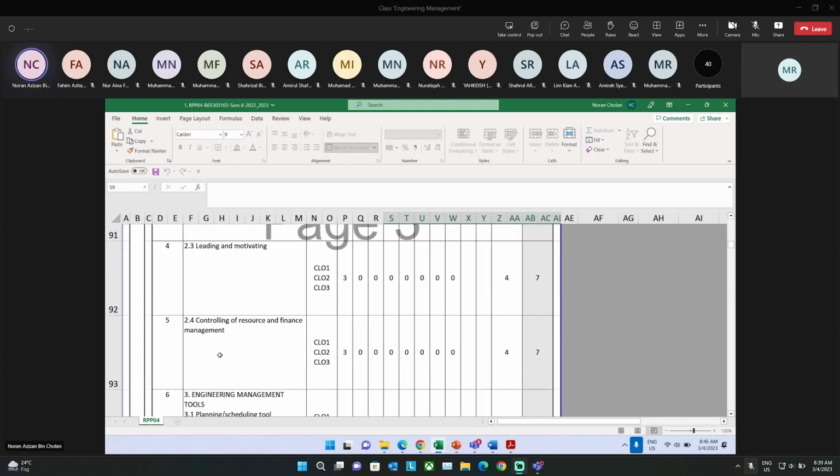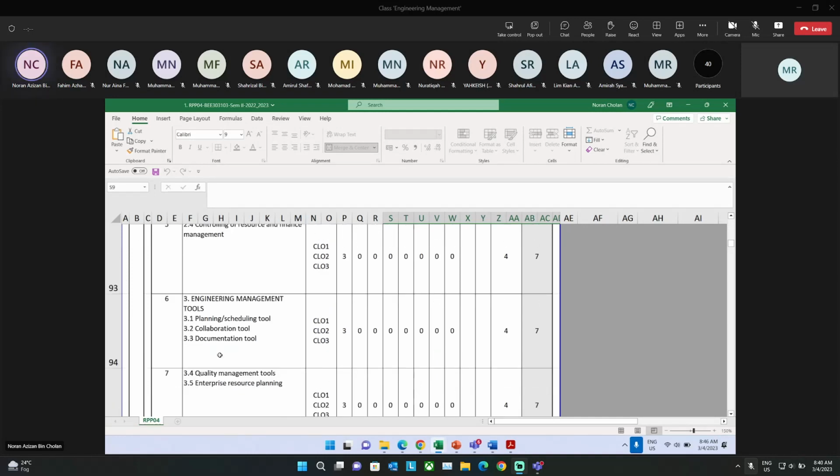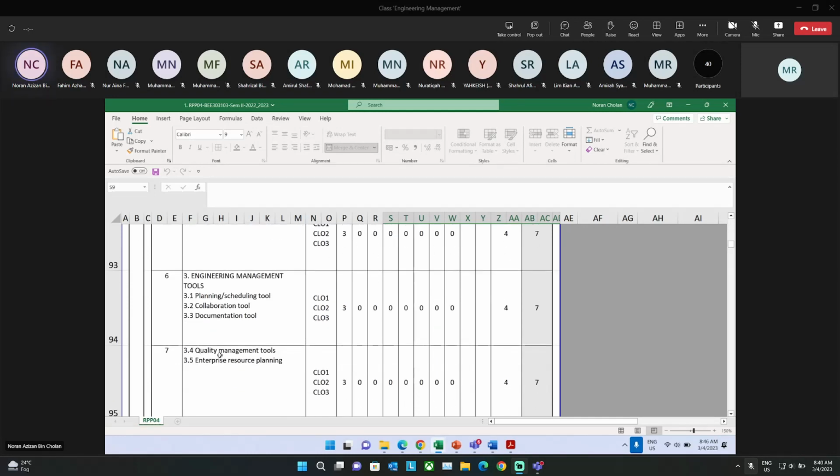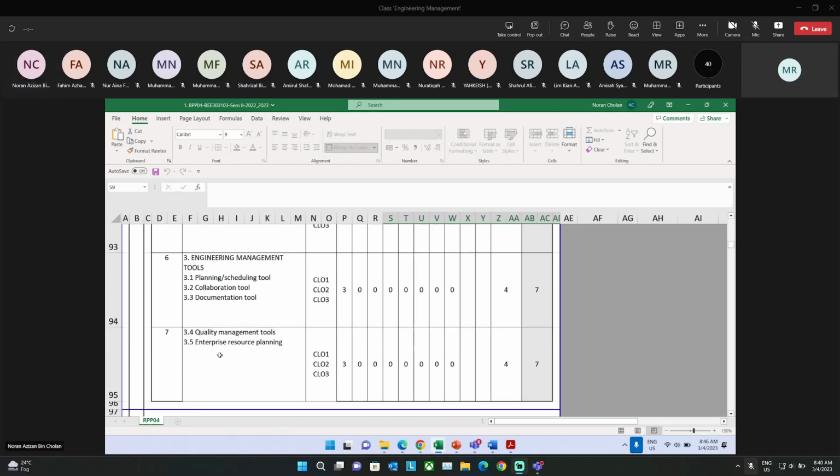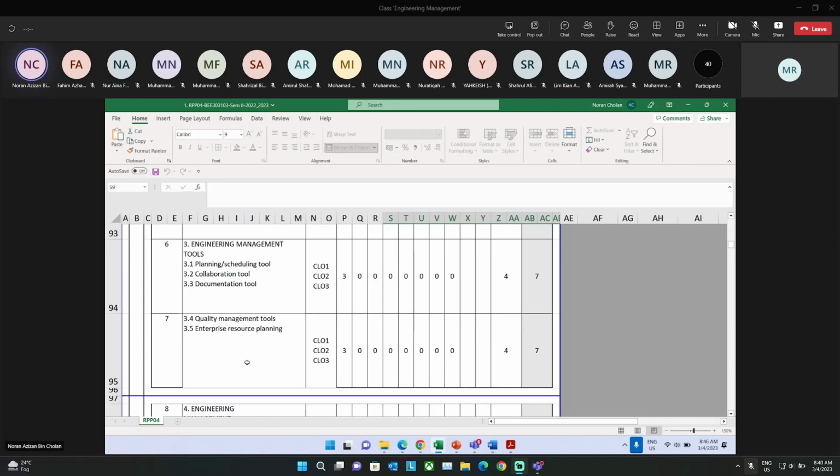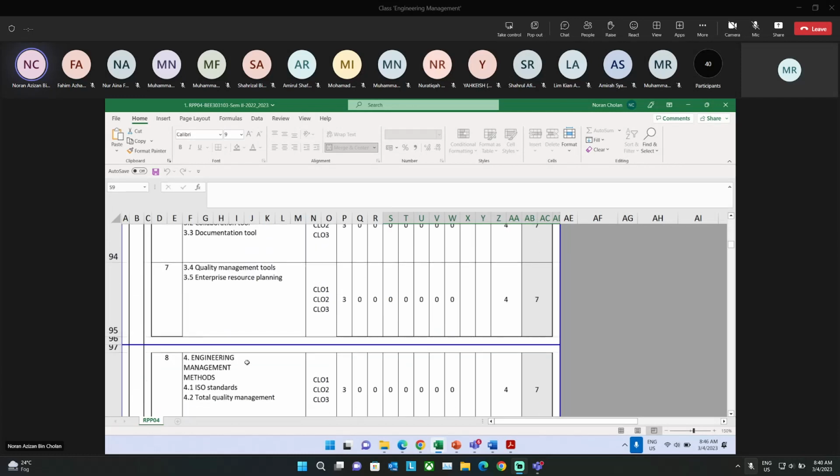Previously we learned about functions or activities in engineering management. Chapter 3 is about the tools that we can use to help us do the functions of management. There are many tools: planning tools, collaboration, documentation, quality management, resource planning. We are going to learn about these.